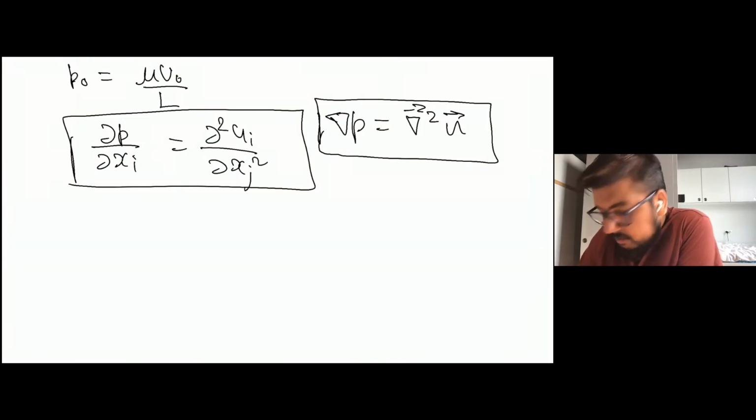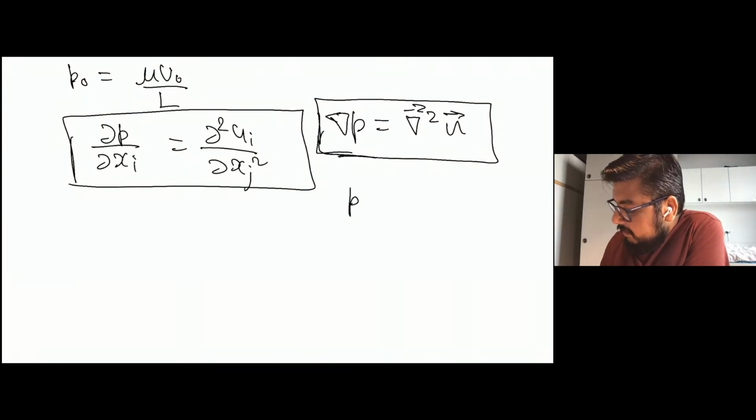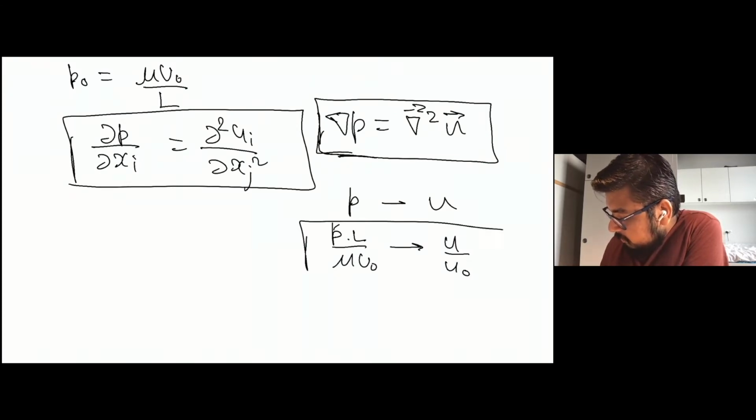It is interesting that once we solve this equation using the proper boundary conditions, the solution that we are going to get will be valid for all Reynolds number, provided that the Reynolds number is small enough. Of course, this universal solution will be in the non-dimensional pressure and the non-dimensional velocity space. So basically, it will be in PL by mu u naught and u by u naught space.